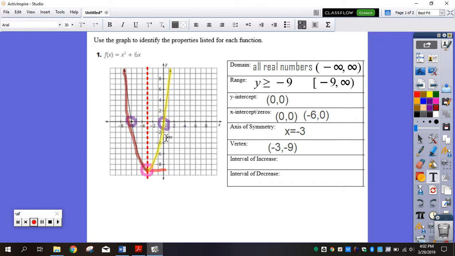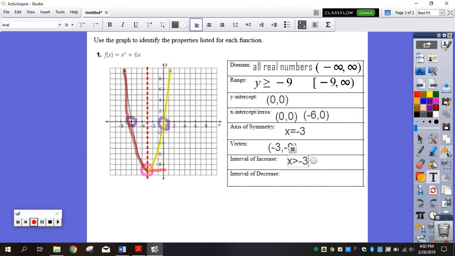And anything to the right for this parabola is increasing. And to the right means greater than, because all the x values to the right are greater than that -3. So the way we write that is we say x is greater than -3.